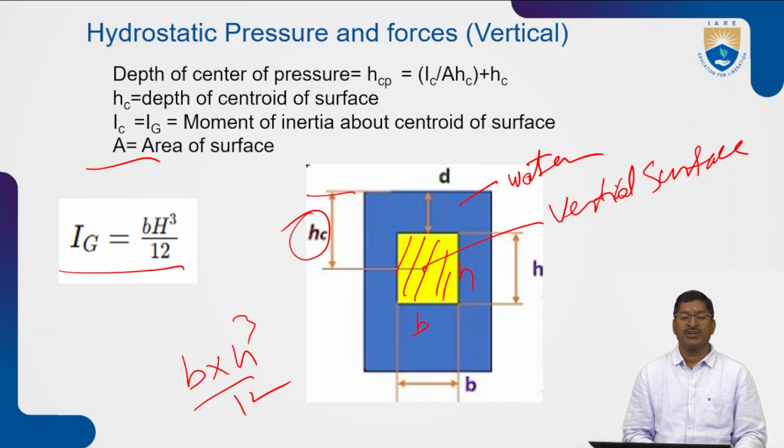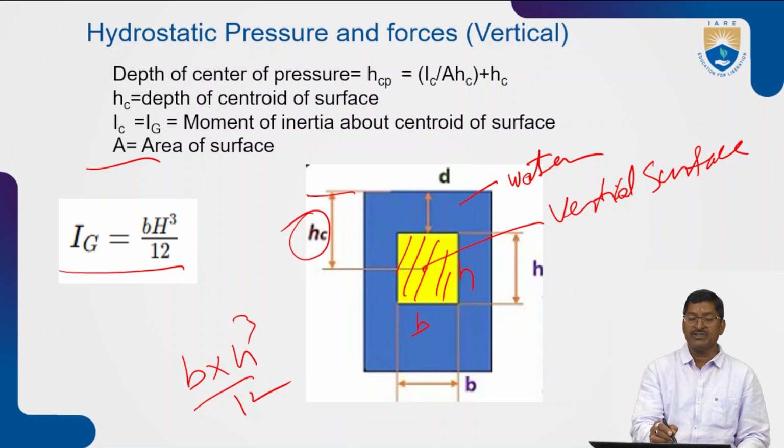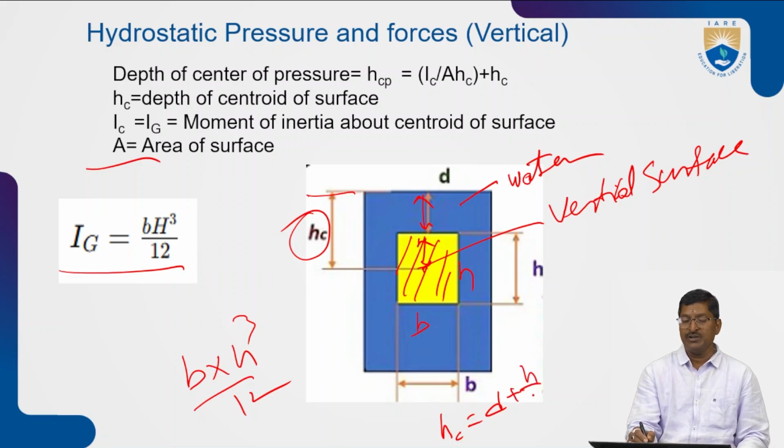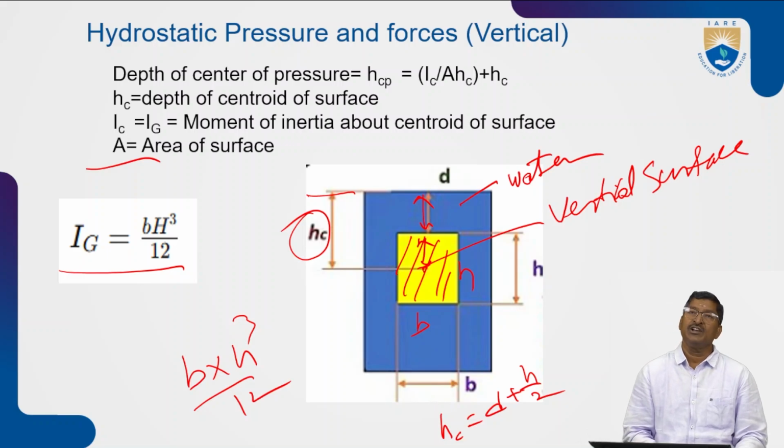And here HC is the centroid distance of the surface. HC is equal to small d, that means from here to here, plus half of this portion, that means plus h by 2. So d plus h by 2 gives the centroid distance of the vertical surface from the liquid surface.